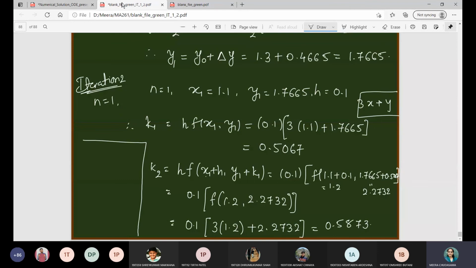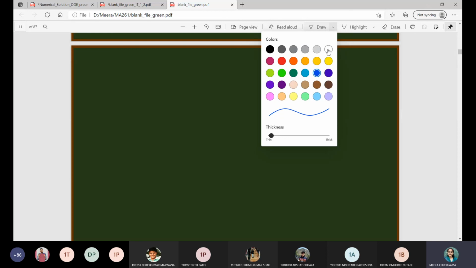Okay, here. K1 is 0.5067. K1 is 0.5067. K2, which is 0.5873.